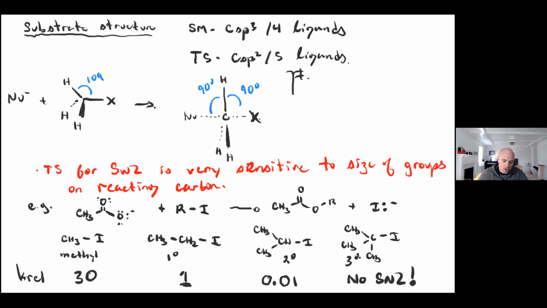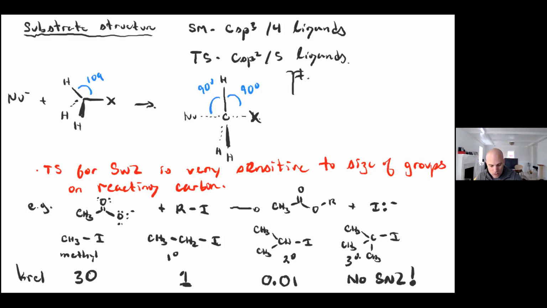And so we're spanning about 4 orders of magnitude of relative reactivity if we just look at the methyl to the secondary, all right? The rates decrease as you increase the size of the substituents on the reacting carbon, okay? And this is directly a consequence of this steric congestion in the transition state, okay?